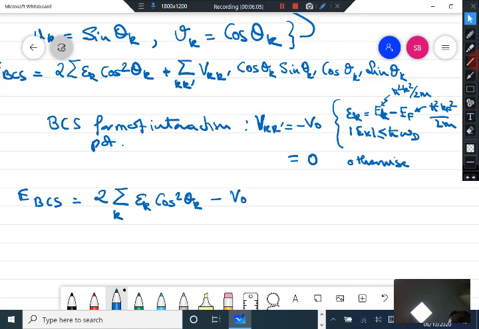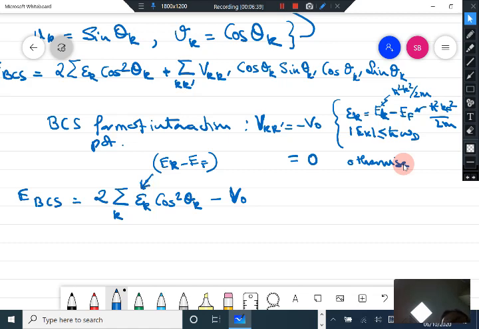We are going to consider only those terms which are within plus minus h cross omega d of the Fermi energy, so Ek is measured as Ek minus Ef, with respect to the Fermi energy.